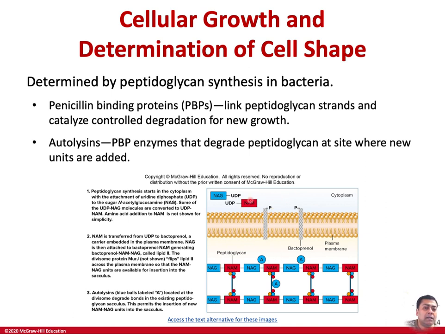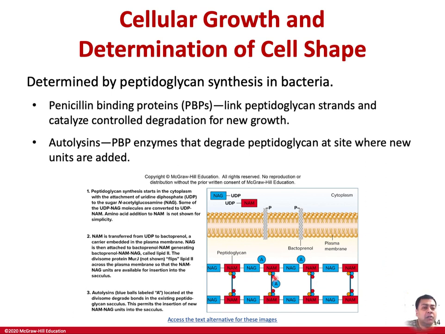Once they are flipped to the other side, you can see that the NAG and the NAM are now up towards the exoplasmic face. And here there is a protein known as autolysin, designated as A's. These autolysins are going to lyse the peptidoglycan, or break the peptidoglycan in certain areas, so that new NAG and NAM can be inserted into those areas so that the cell wall growth continues.